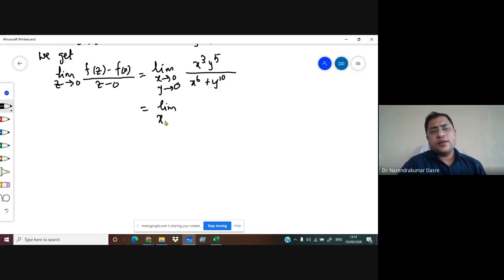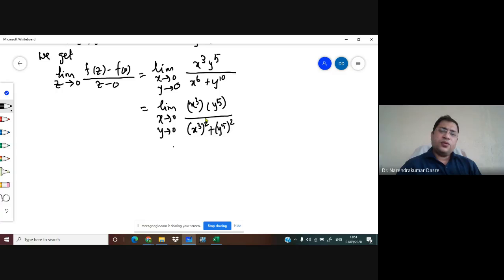So what we know is limit x tends to 0, y tends to 0. We have here x cube and y raised to 5, and in the denominator we have x cube square and y raised to 5 square. If you are able to identify this, then it is very easy.